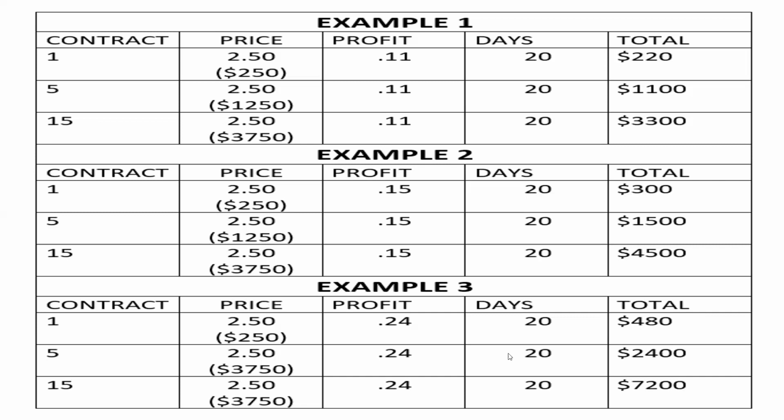So you're going to withdraw anything over $1,250 to pay yourself at the end of the month. And with 15 contracts at the end of the month, you're going to withdraw anything over the $3,750 in order to pay yourself for the month. And I suggest that you always pay yourself. No one wants to work for free. So you pay yourself and you treat yourself at the end of the month. Treat yourself for the fruits of your labor.